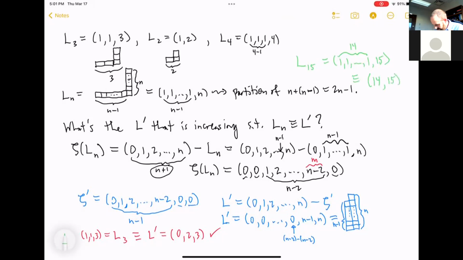That's the L prime given by the Foata-Schützenberger theorem. So this is the increasing board that is Rook equivalent to this literal L shape that we've extended from our ongoing examples. All right, I think that's pretty slick.